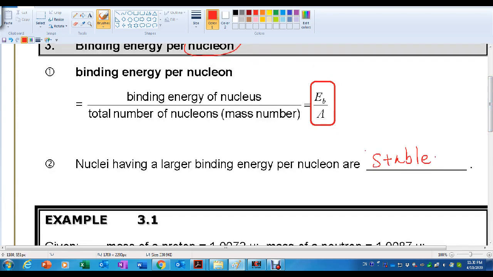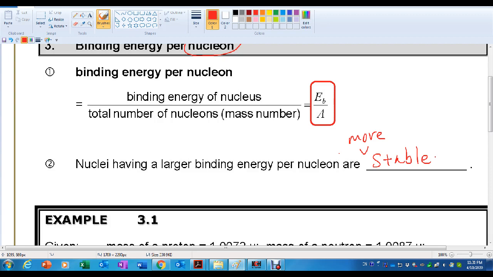So the stability of a nucleus does not depend on its binding energy, but on the binding energy per nucleon. Remember that.